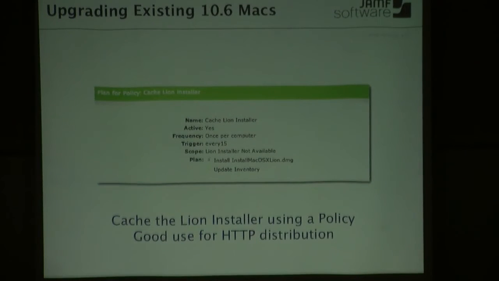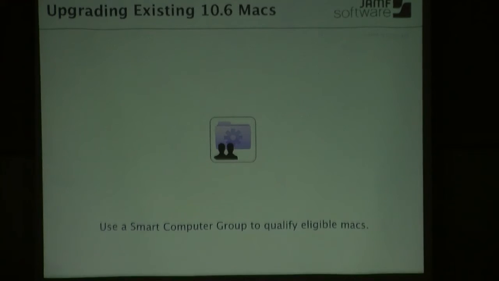Once we have that smart group, we can look at creating a policy. One thing to consider when distributing this application down to the devices is that HTTP doesn't mount a share on the user's desktop, and it will reinitiate the download if someone closes their laptop and walks away. So it won't try and do a full download again. It will just reinitiate that download using HTTP. So we've got our devices grouped together.